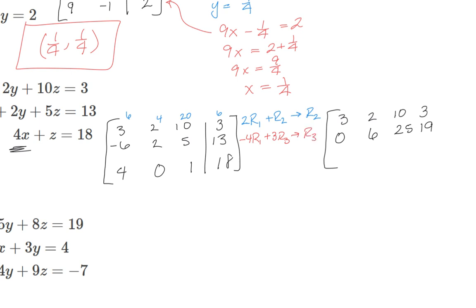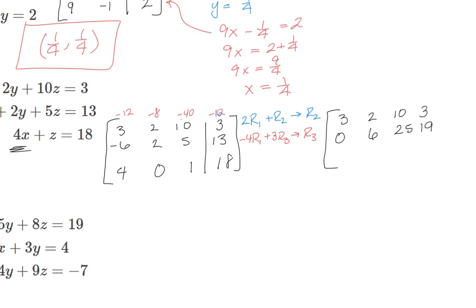So now I'm going to erase these numbers, the 6, the 4, and the 20. Now I'm going to multiply row 1 by negative 4, so this gives me negative 12, negative 8, negative 40, and negative 12.